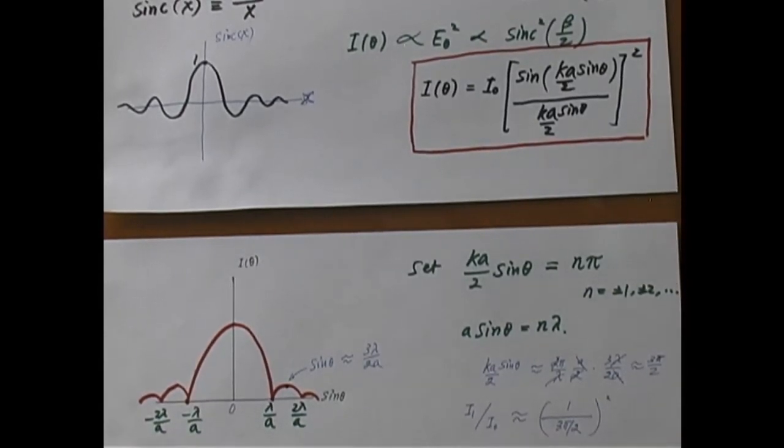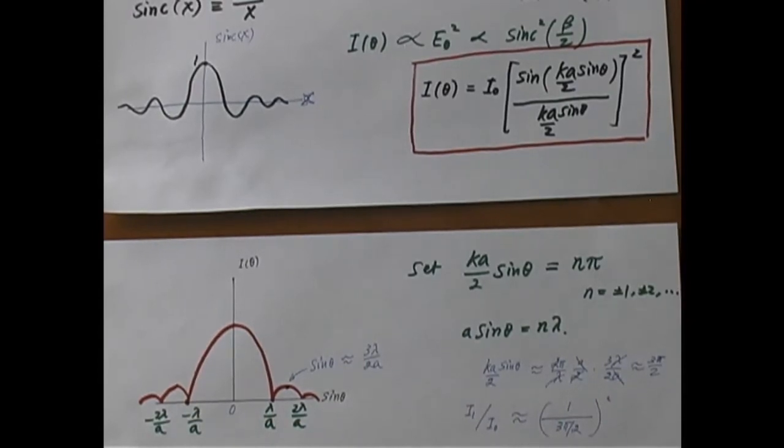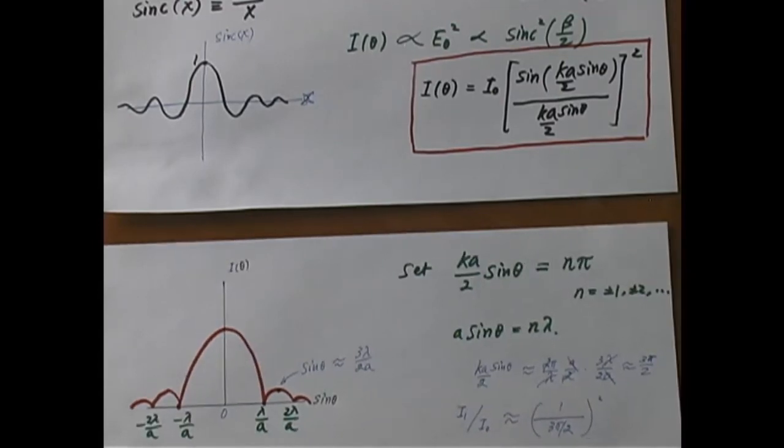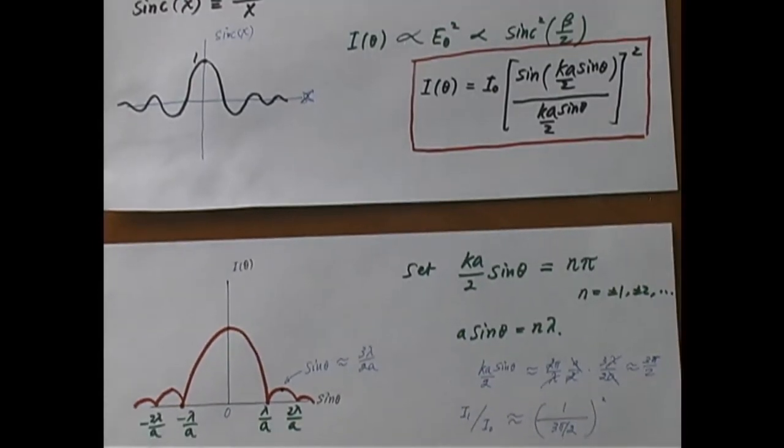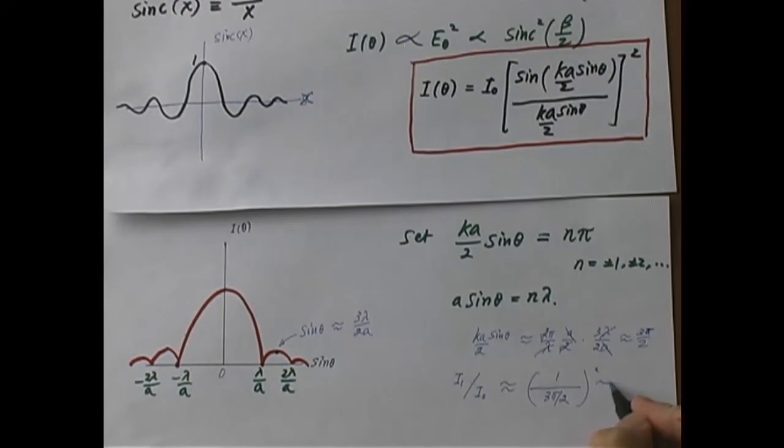That is actually pretty small. We can do a little estimation here. 3 pi is about 8, actually a little bit over 9. Then you divide it by 2, you square it, and you get a pretty small value. What you're getting is only about 0.045.